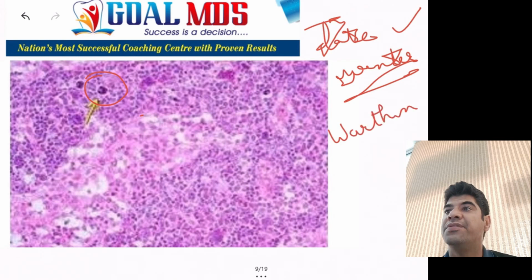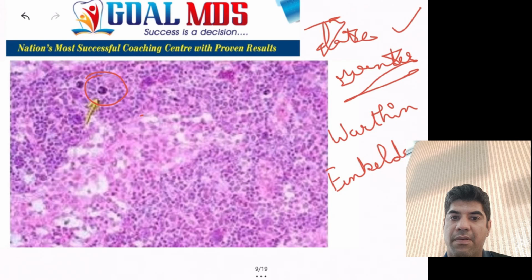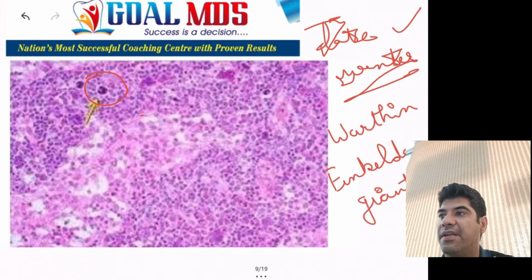Along with that, you could see the Warthin-Finkeldey giant cells.